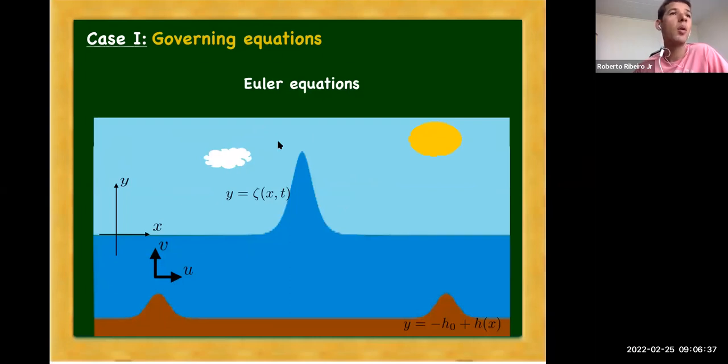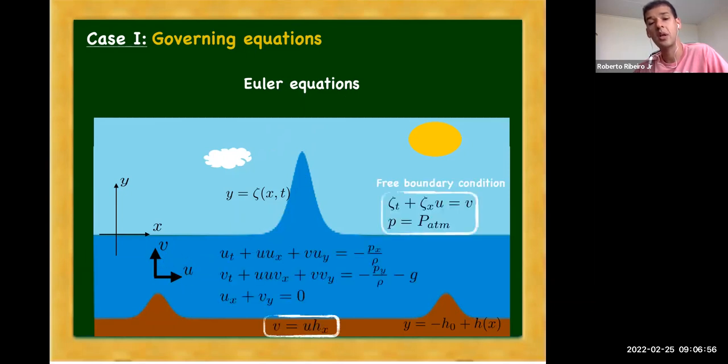As is well known in the water wave community, the basic governing equations for the dynamics of a water wave are the Euler equations. We denote by U and V the components of the velocity field, and the dynamics of the free surface is given as a solution of this nonlinear PDE, the Euler equations.